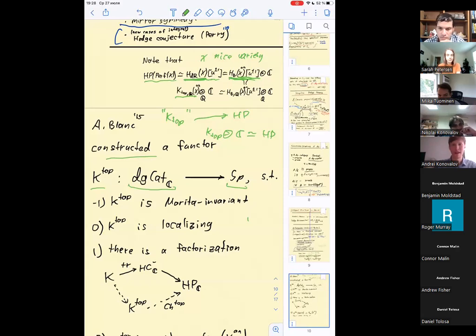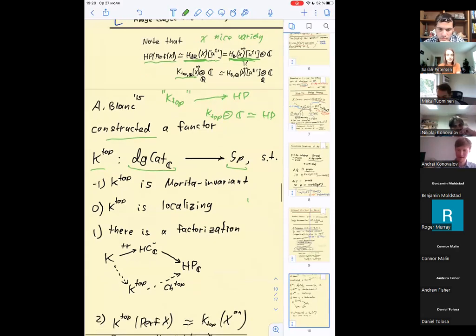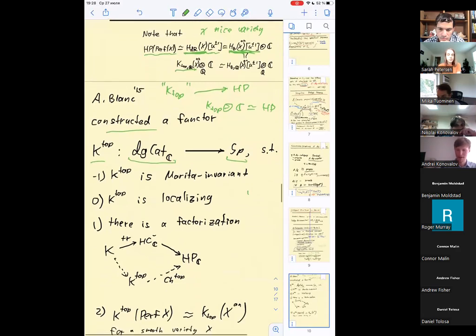So, okay, Blanc constructs a functor, a spectrum-valued functor, which is a nice invariant. In particular, it respects Morita equivalences of dg-algebras, and it's localizing, which basically means that it's kind of a cohomology theory. For example, whenever you have three categories, T1, T2, and a quotient, for example the Verdier quotient of T2 modulo T1, then you'll have an exact triangle of the corresponding topological K-theory spectra.